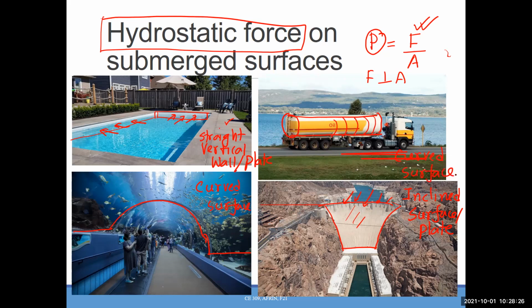That means we can have vertical surface, inclined surface, and what other than vertical and inclined? Curved surface, yes. So that's what we will try to learn. How can we calculate force on these different types of surfaces?